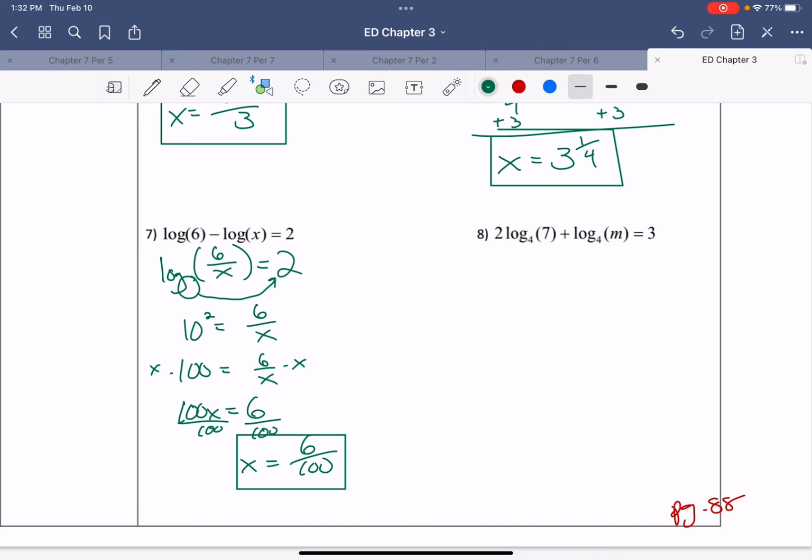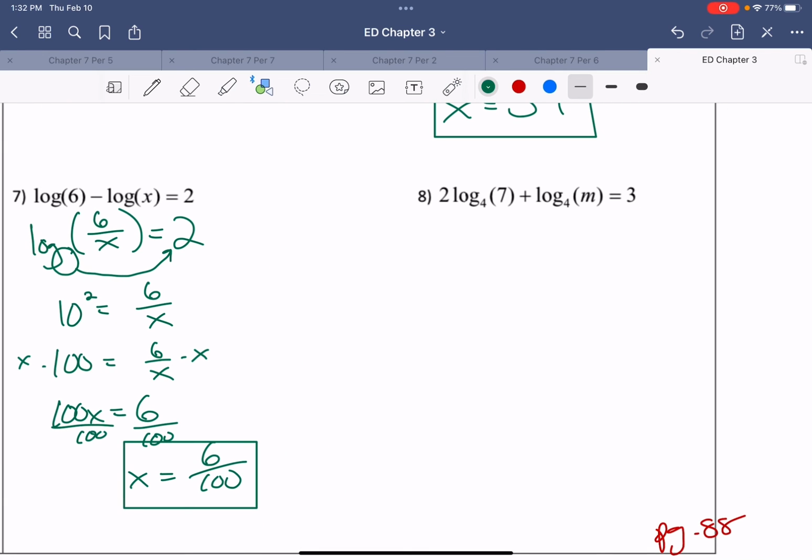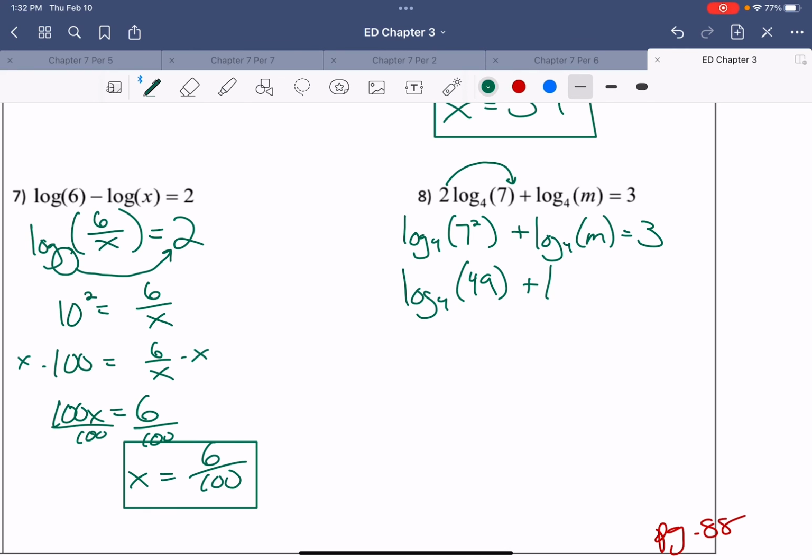So last one, number 8. Coefficients. When we condense, we always look for coefficients first. Float those up. Seven squared is 49. I need to condense the left-hand side down to a single log. Plus means multiply. 49m is all I can do when I multiply that.